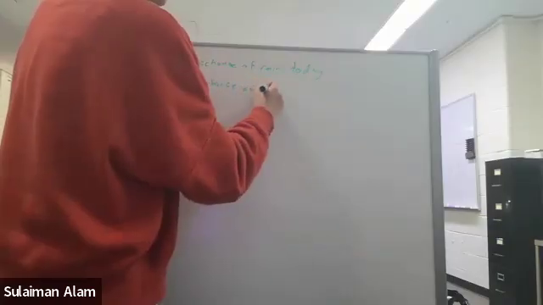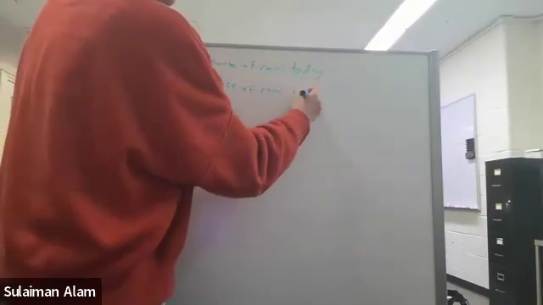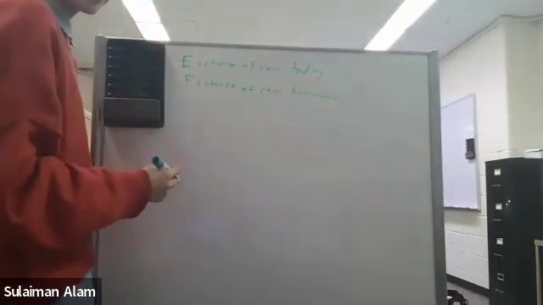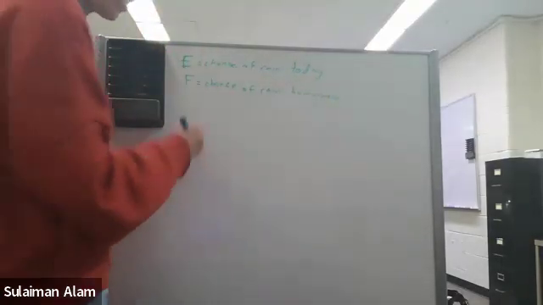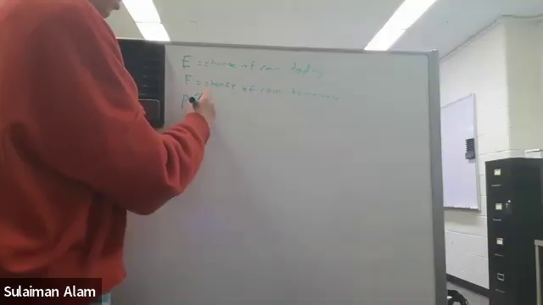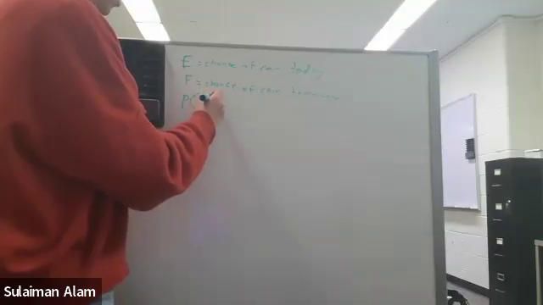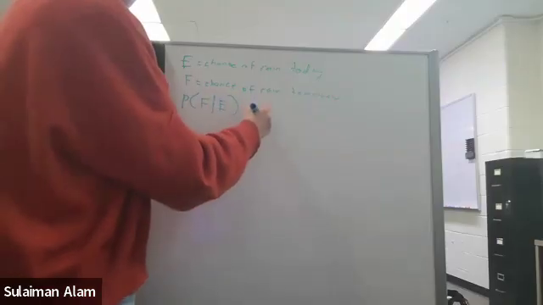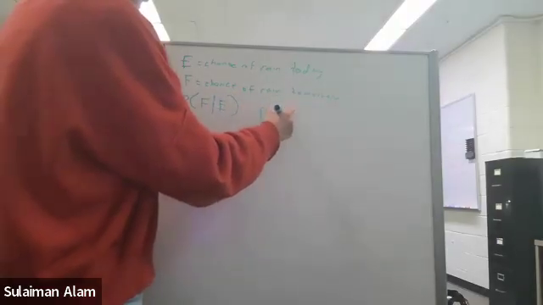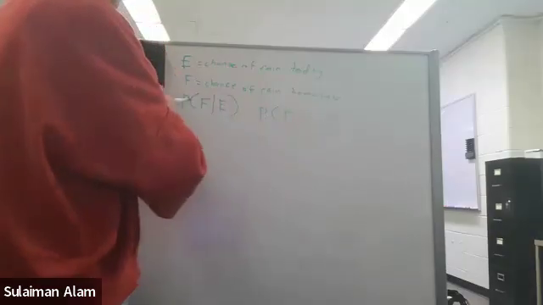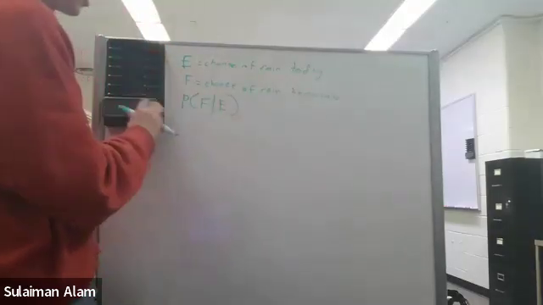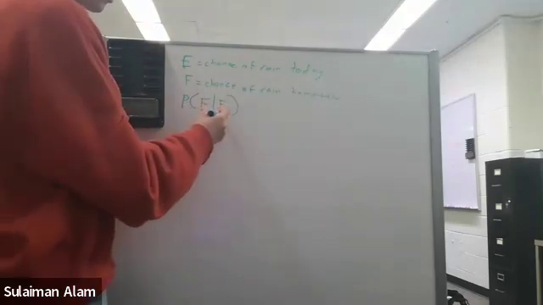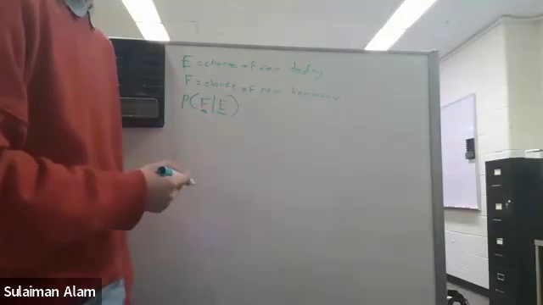The notation for this is the probability of F given E. So what's the probability that F is going to occur given the chances of E occurring?